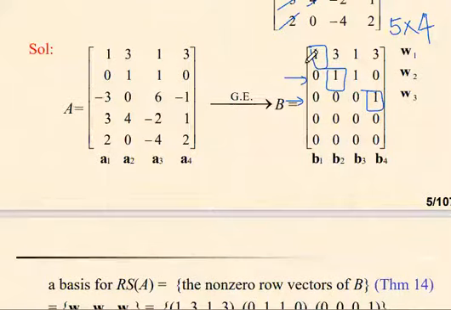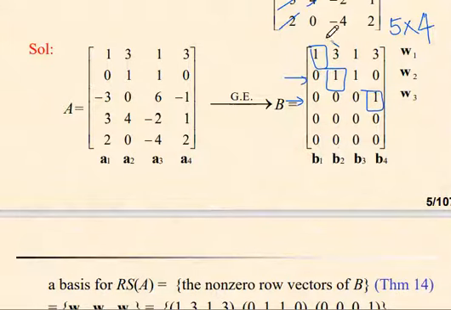So if you look at these columns here, this one is linearly independent. This column cannot be written in terms of this one.